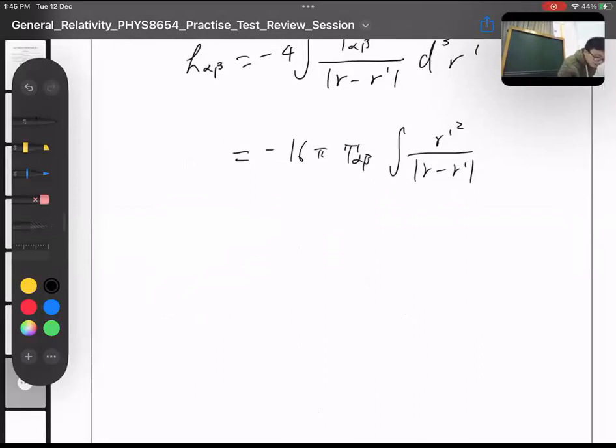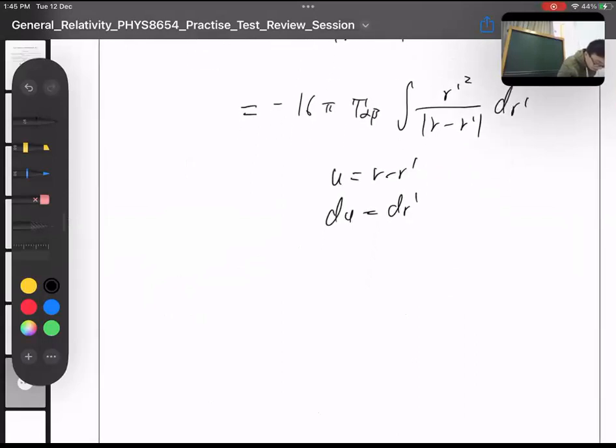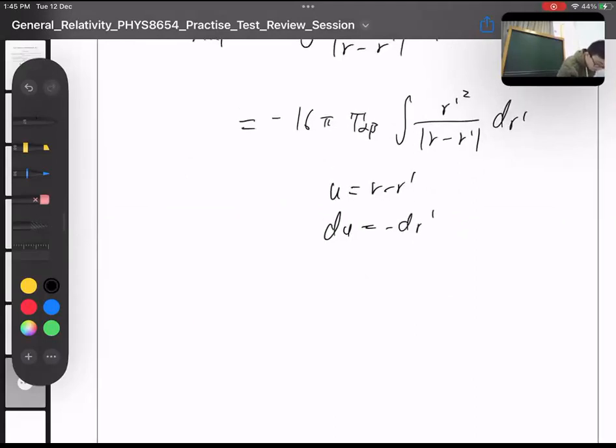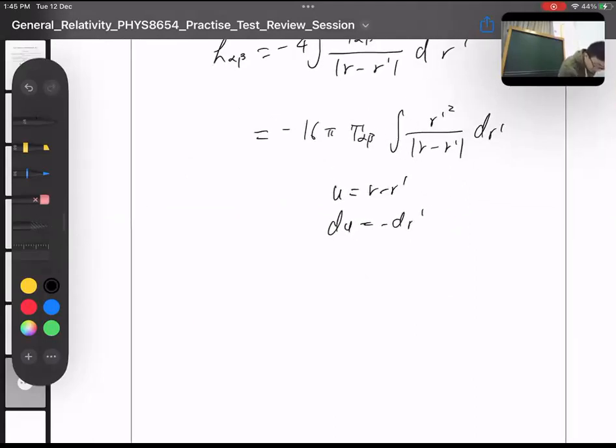And then what happens is, maybe perhaps you know how to integrate this, but let me do it once. U equals r minus r prime, du equals dr prime minus dr prime. Right? And then what we do is now we basically change this to u plus r minus u over u du.